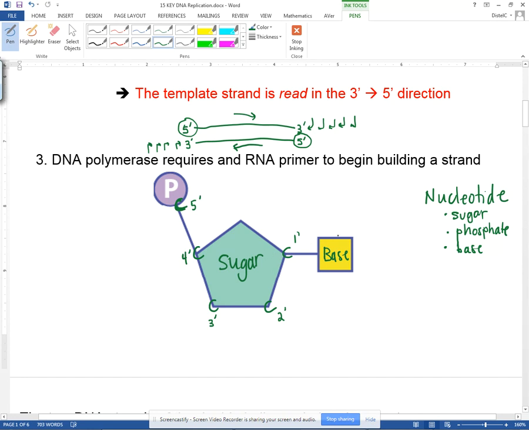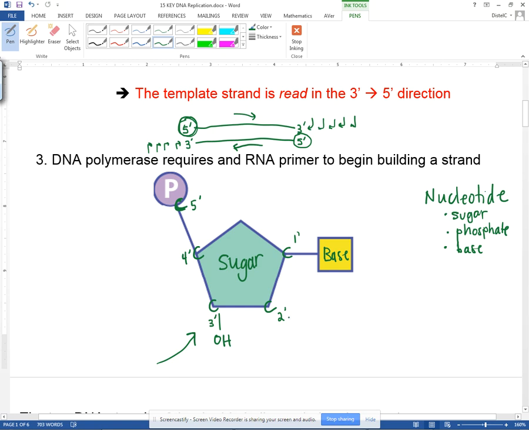The base is always attached to the first carbon, and the phosphate is always attached to the 5'. That's why, when I drew this circle here, this is the phosphate attached to the 5' end. That's the fifth carbon on that sugar. Down here is referring to this available 3' end, so new nucleotides can be attached here. There's usually an OH group right there.